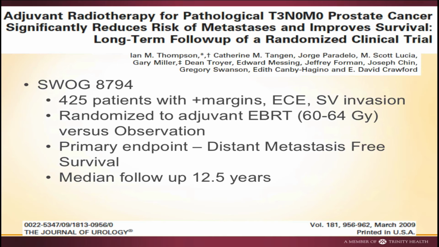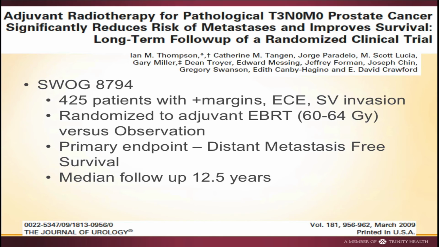There's 3 studies that have looked at these patients, and I'm just presenting one. This is the American study from the Southwest Oncology Group. And this has been published a few times. Essentially, they randomized patients who had any one of those 3 risk factors: margins, extension outside the capsule, or seminal vesicle involvement. They had any one of those, even with an undetectable PSA post-op.